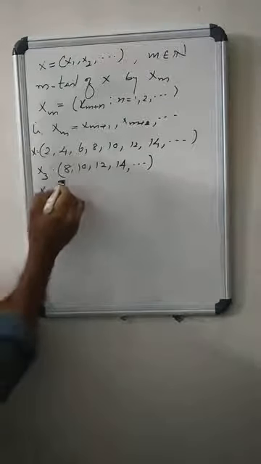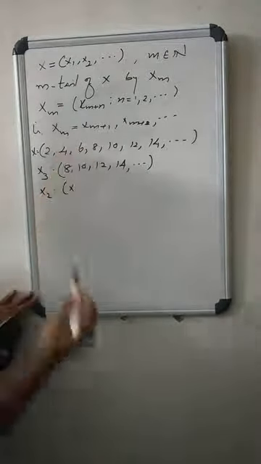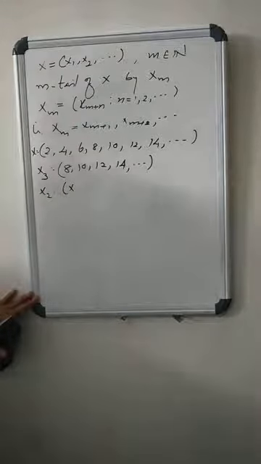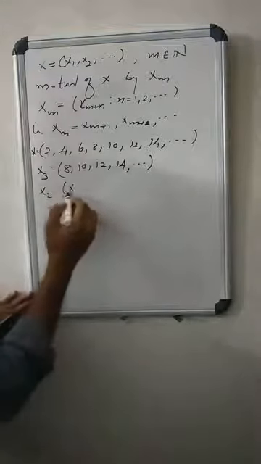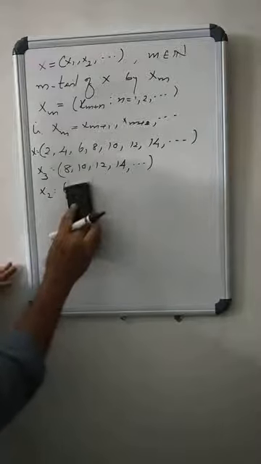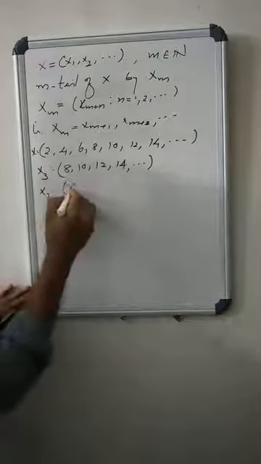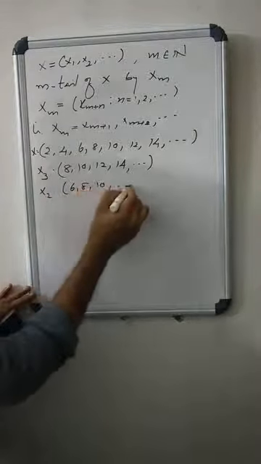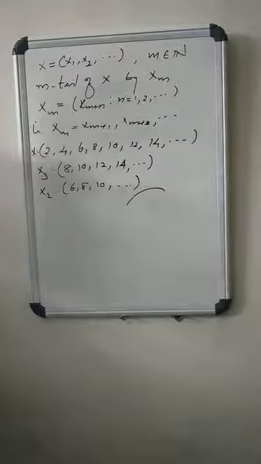Two-tail means x2, the sequence x(2+n) where n is a natural number, so it is 6, 8, 10, etc.